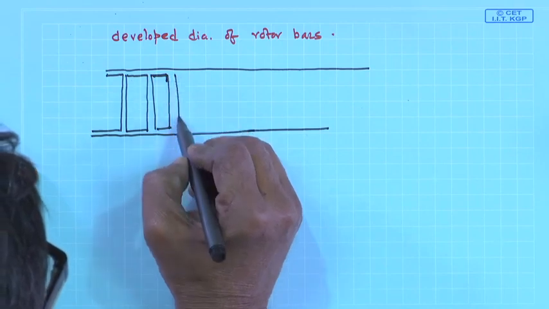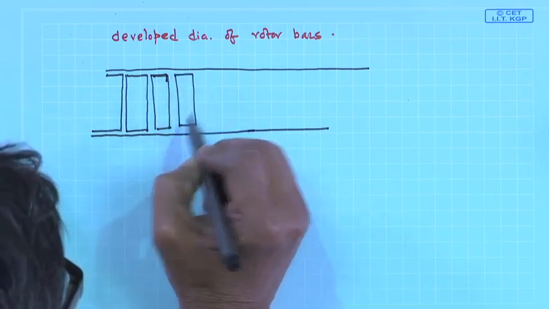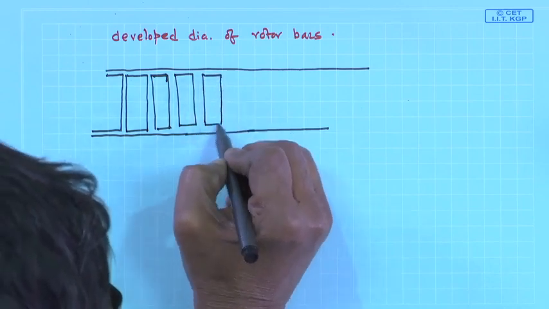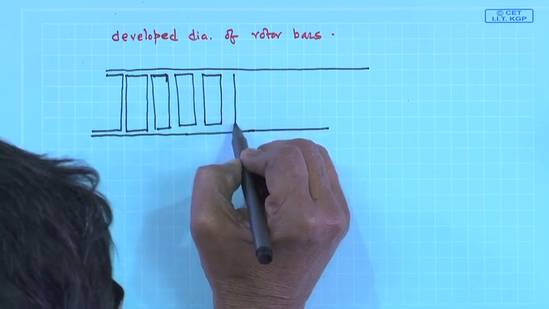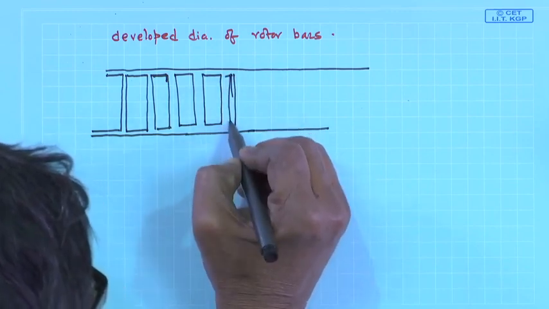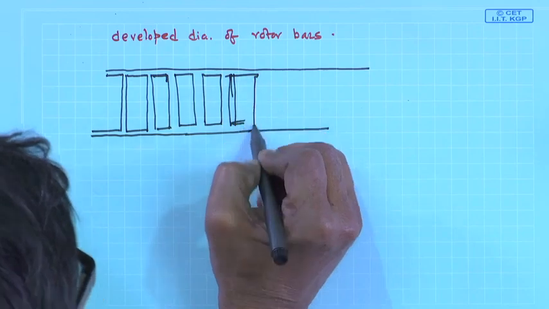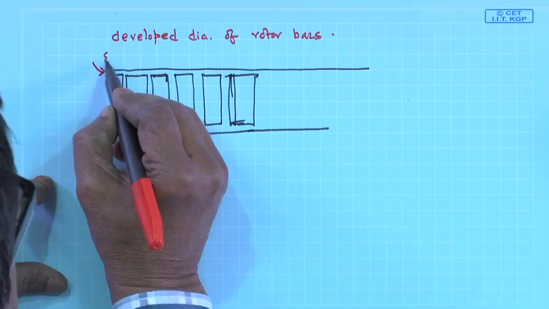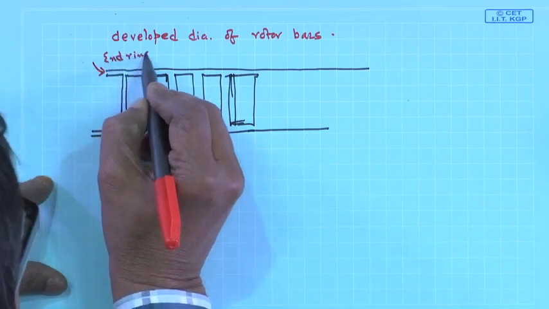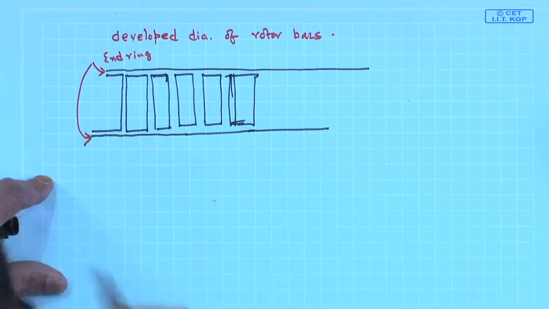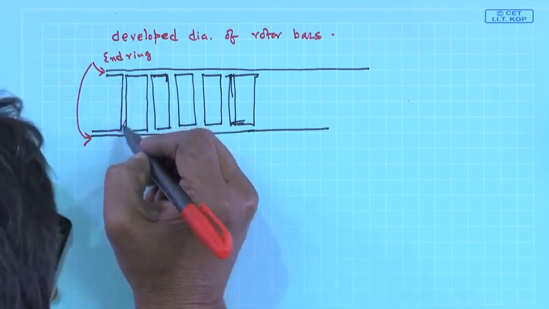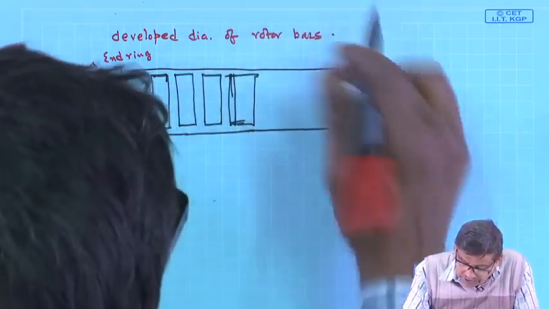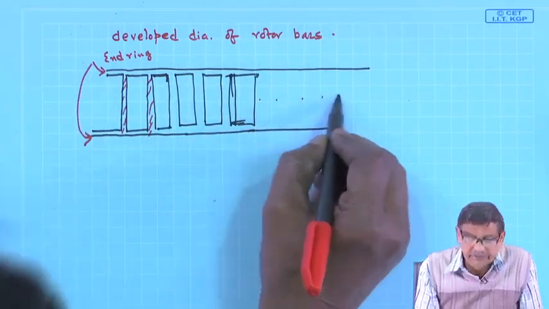Top view, you have developed it and looking from the top. I am sorry, it is quite big. Like this it goes. Where are the bars? These two are end rings. And these are the bars, copper bars, which are short circuited at both the ends, and it continues like this.